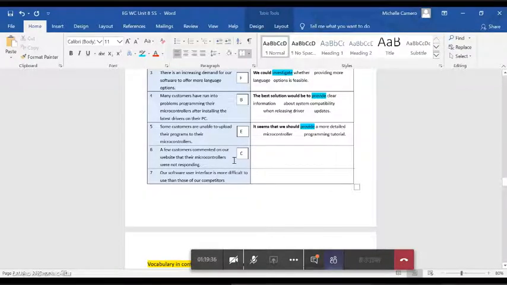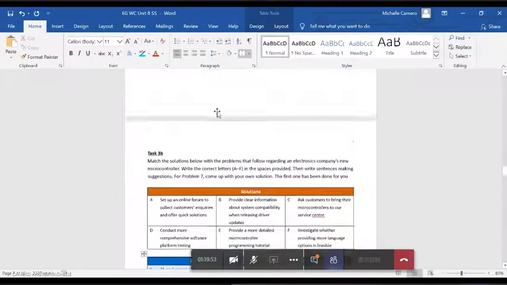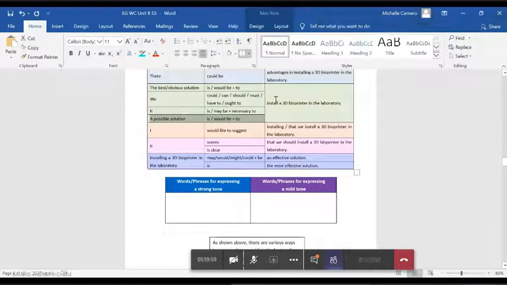All right, next one. A few customers commented at our website that their microcontrollers were not responding, so the solution is C. Ask customers to bring their own microcontrollers to our service center. Okay, so we can use "a possible solution would be to." So I'm going to use this one. A possible solution would be to, and then we need our verb and solution.